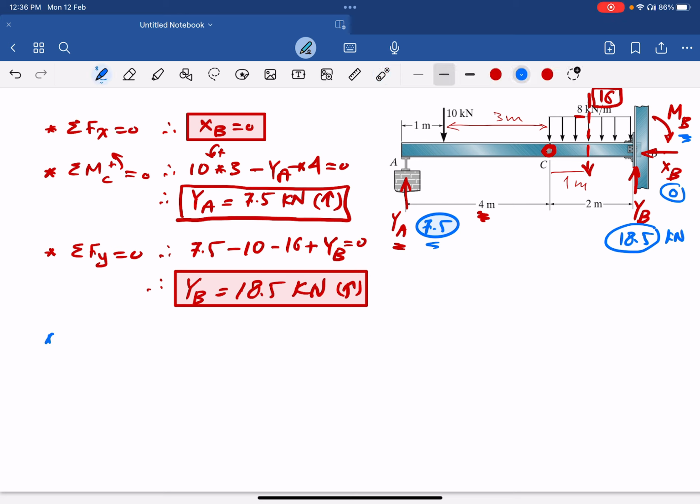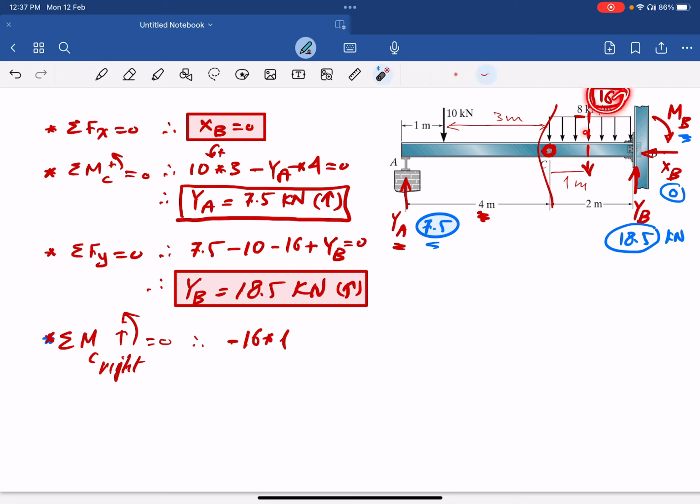So summation of moment at C for the right part equals 0, and therefore, taking a moment here, it will be minus 16 times 1 meter, this is the 16 and this is the 1 meter, minus MB, plus YB times 2 meter, all equal to 0.